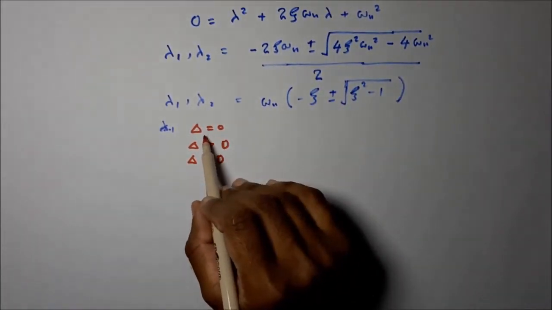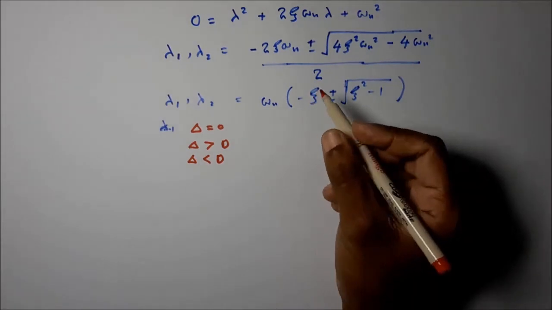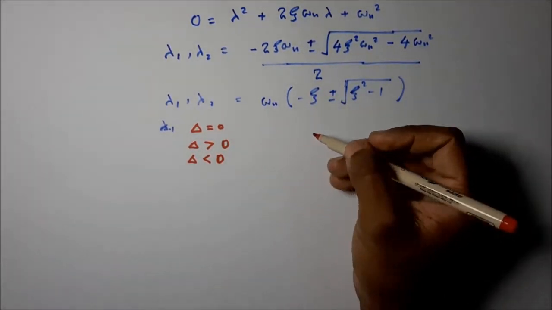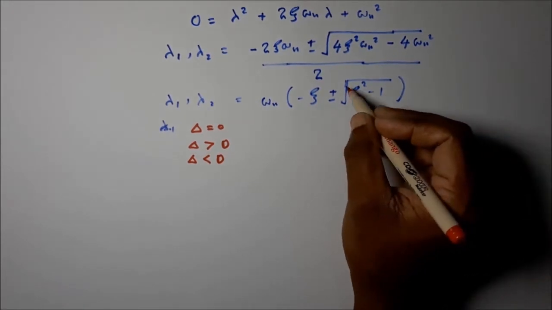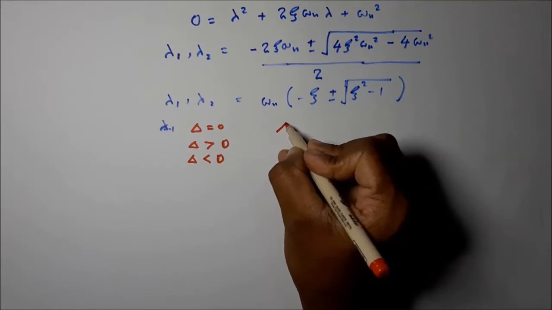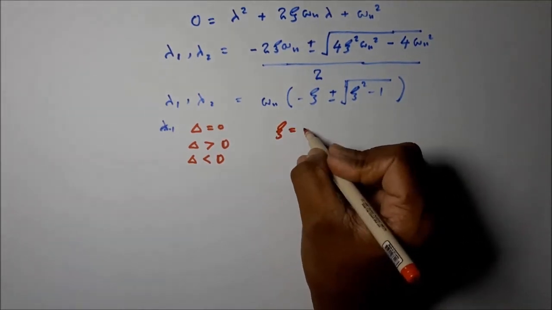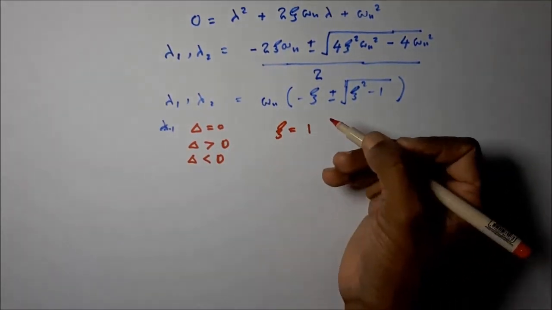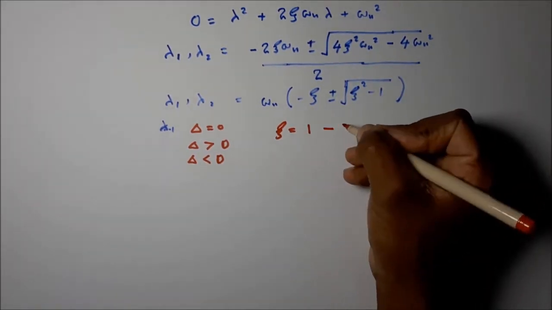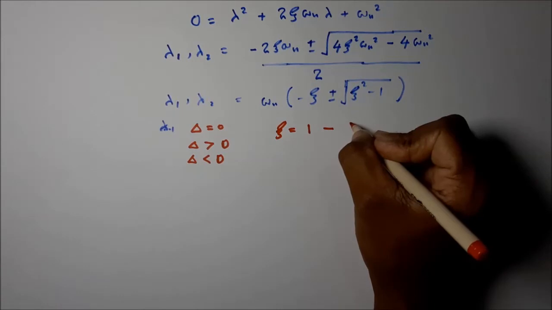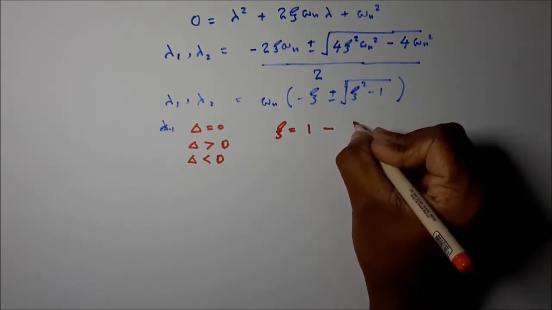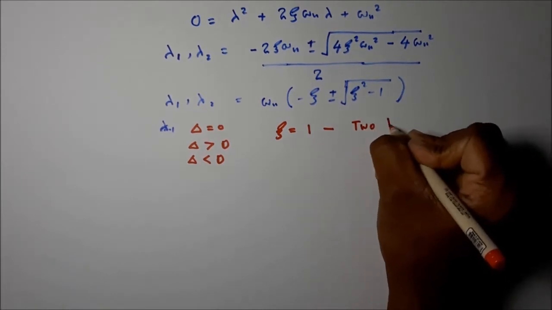Then what happens if delta is equal to 0? In which situation is delta equal to 0? The term inside the square root is equal to 0 only if zeta is equal to 1. Then delta is equal to 0.